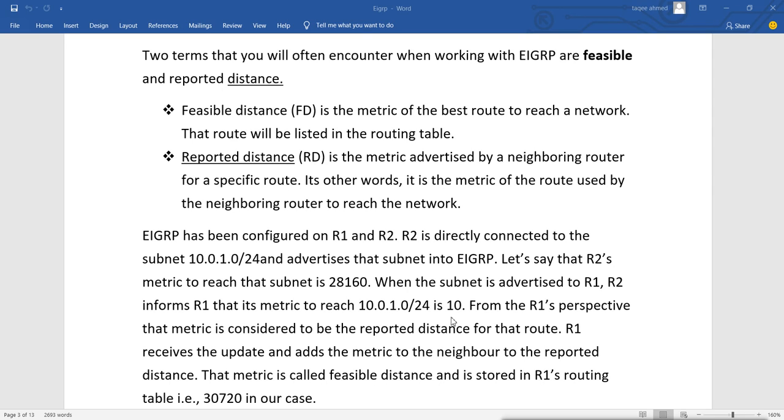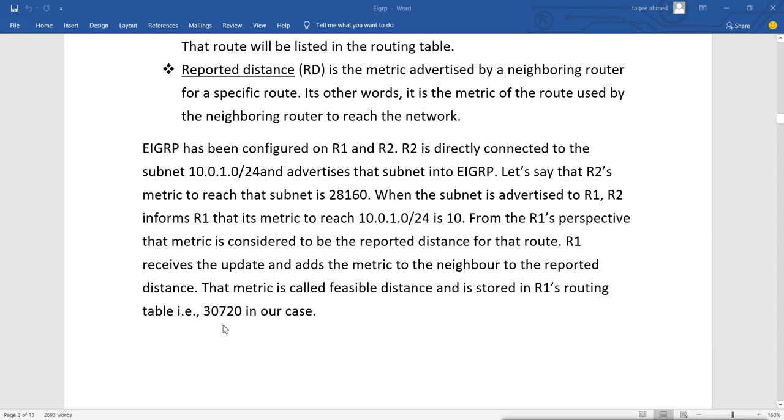From router 1's perspective, that metric is considered the reported distance for the route. Router 1 receives the update and adds the metric to the neighbor's reported distance. That metric is called the feasible distance and is stored in router 1's routing table, and that is 30720 after adding its own metric.